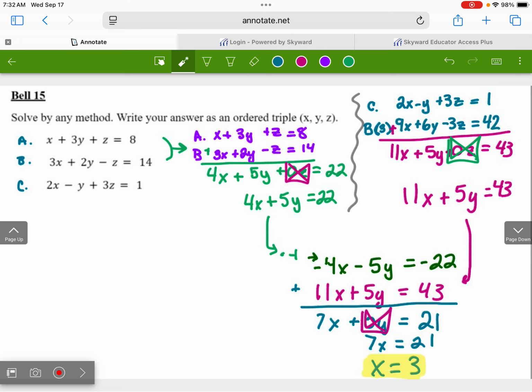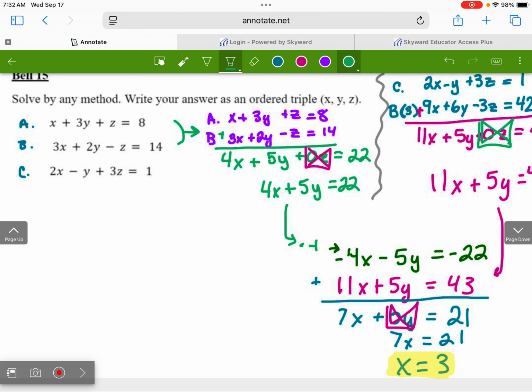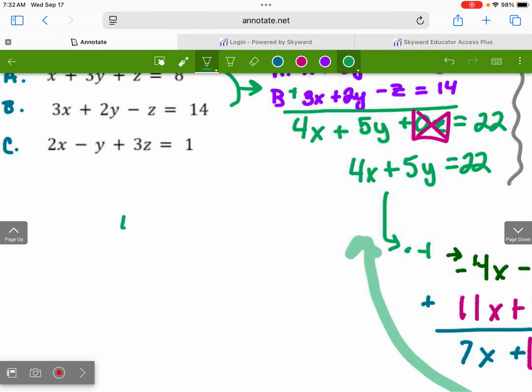Green? Let's do it. So now we're going to take our x of 3 and put it through that green equation. So we're going to have our 4, but instead of an x, we substitute in that 3, plus 5y equals 22.